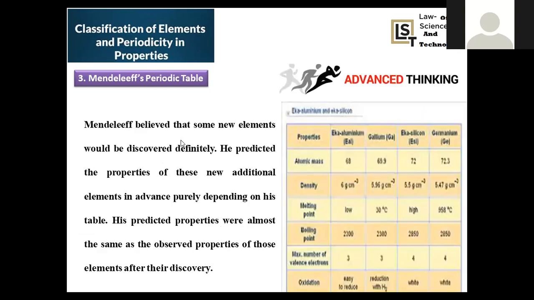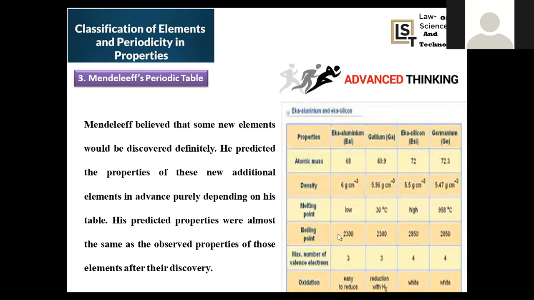Mendeleeff believed that some new elements would definitely be discovered. In the future, many elements were going to be incorporated into the system. He predicted the properties of those new elements. He assumed, without knowing which element was going to be discovered, the properties according to periodicity.